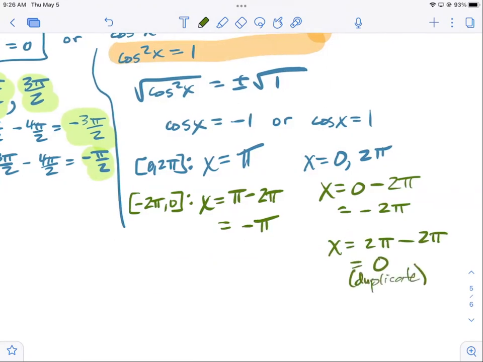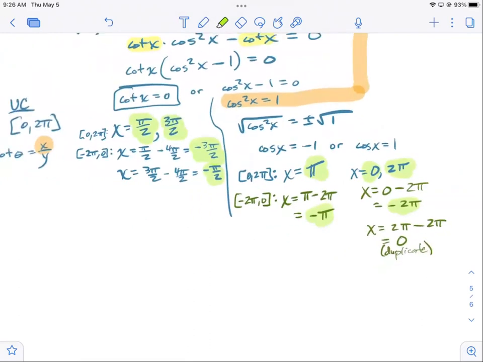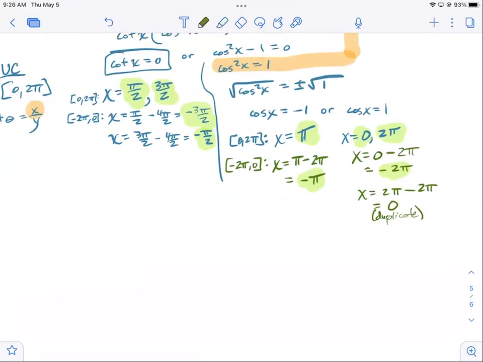Okay, so let's corral these loose dogies. I have pi, 2 pi, 0, -pi, -2 pi. All of the solutions that I have highlighted are solutions, and there's so many of them all over the place. Let's put them into a corral.